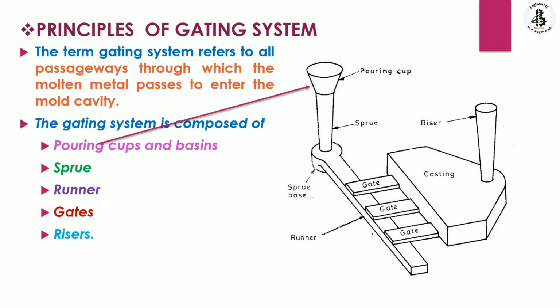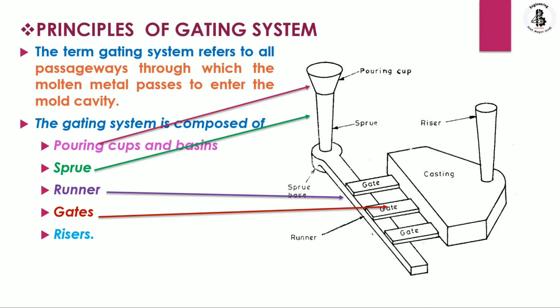This is our pouring cup, or pouring basin. The second important part is the sprue. It is connected with the runner, then the gates, and finally a riser.